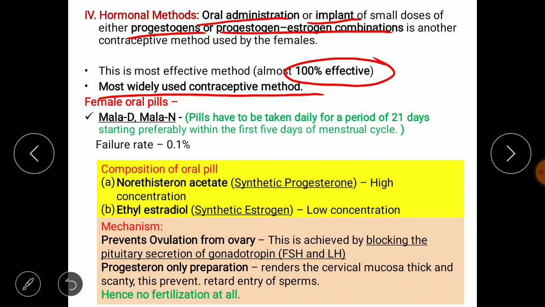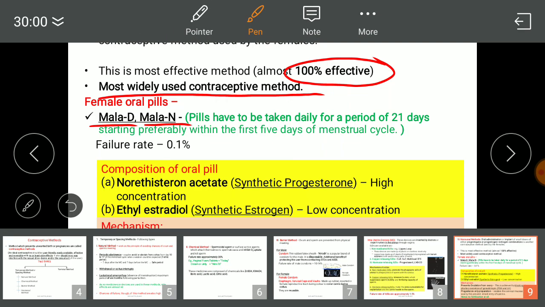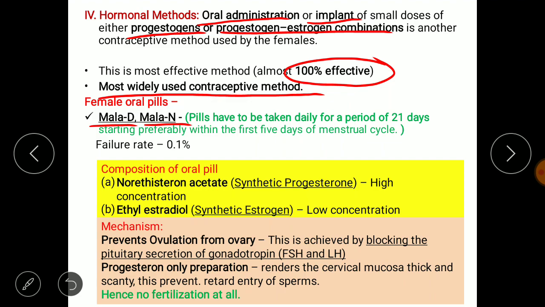In this method, female oral pills and sometimes male oral pills are also available. Female oral pills, the first one is Mala D and Mala N. This pill is taken by the female for a period of 21 days and preferably starting within the first 5 days of the menstrual cycle, and failure rate is very less, 0.1%.